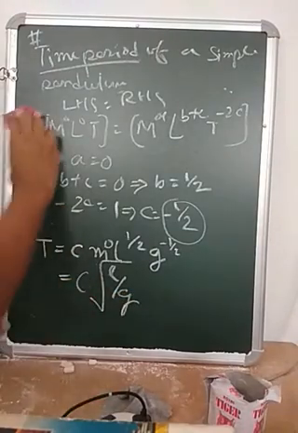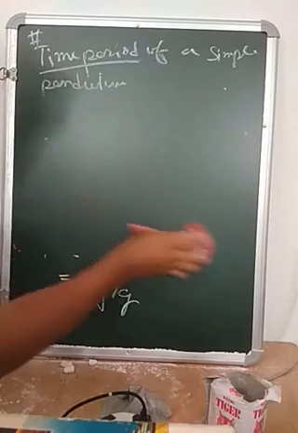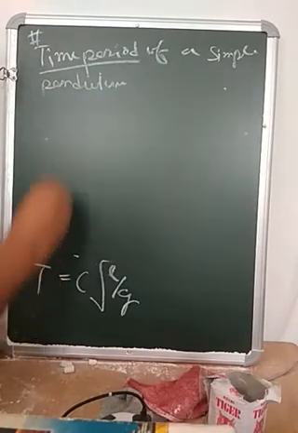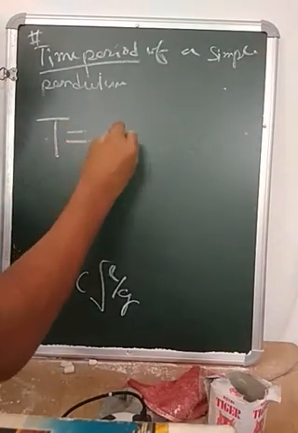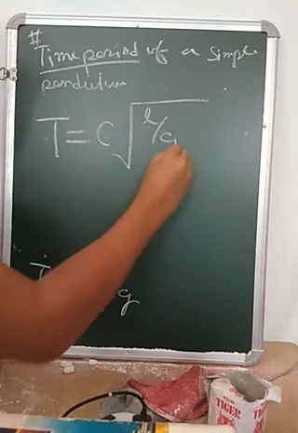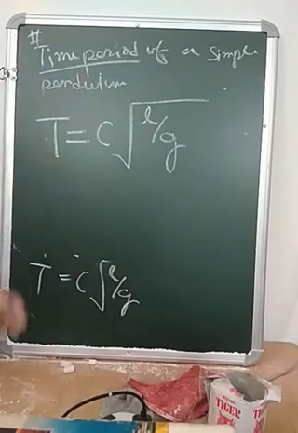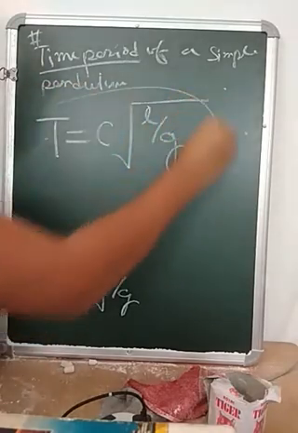So the time period of a simple pendulum depends on root l by g, where g is acceleration due to gravity and l is the length of the string of the pendulum.